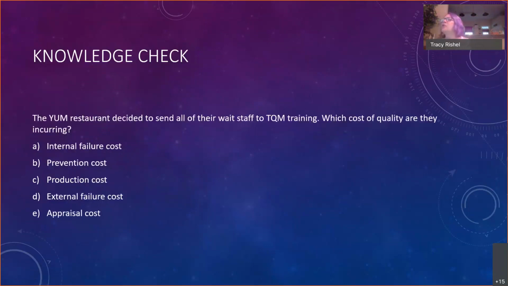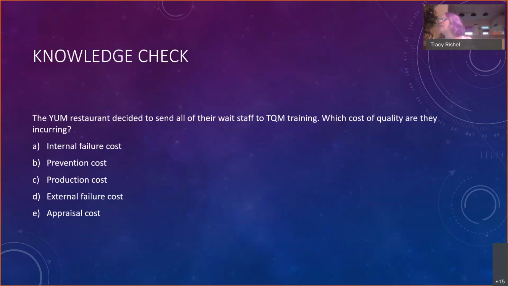The next knowledge check: the Yum restaurant decided to send all of their wait staff to TQM training. Which cost of quality are they incurring? A, internal failure cost. B, prevention cost. C, production cost. D, external failure cost. Or E, appraisal costs.